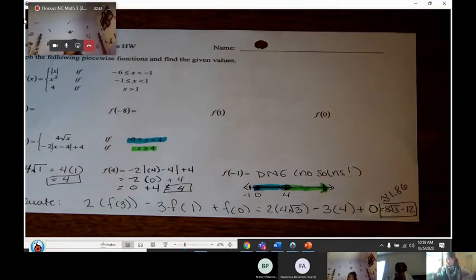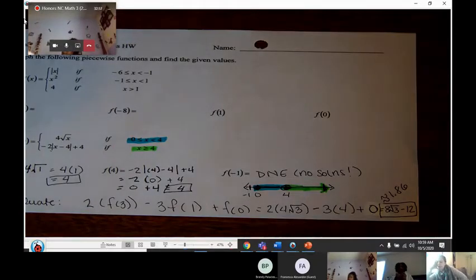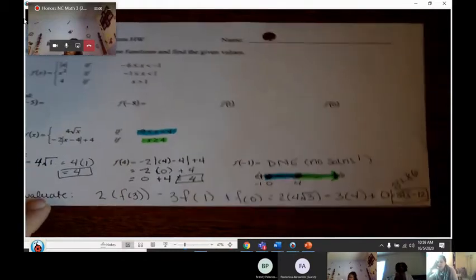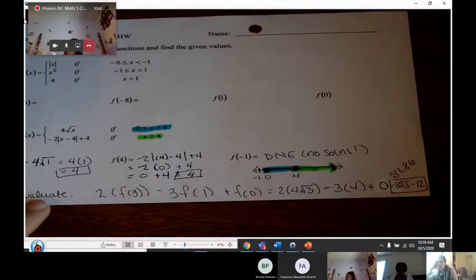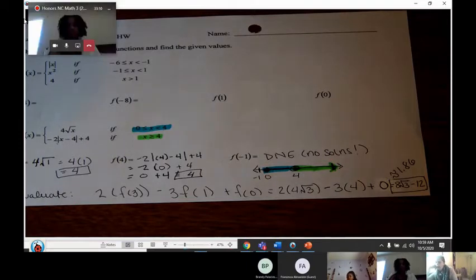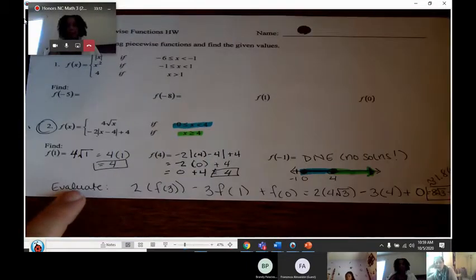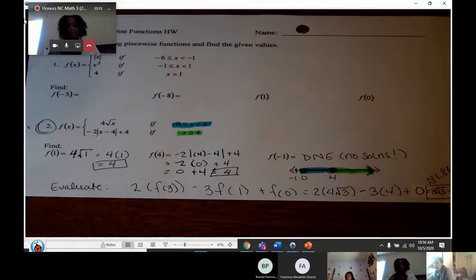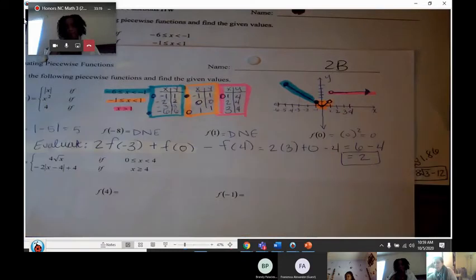So you guys seemed pretty equipped with graphing. Would you rather me graph this out, or would you rather me give you another one of these evaluate questions? What was the second option? So either do another one of these evaluate questions, or in my last class, we graphed out the first problem.